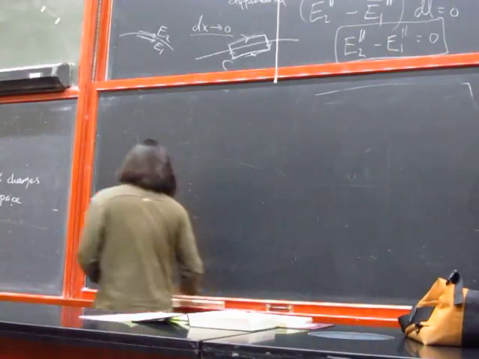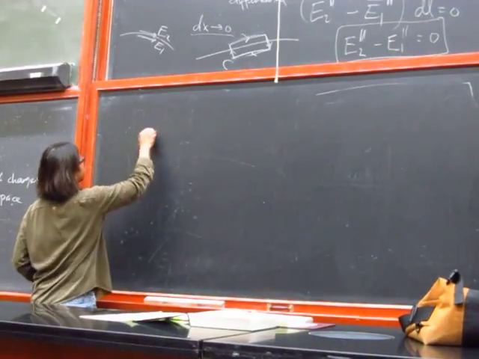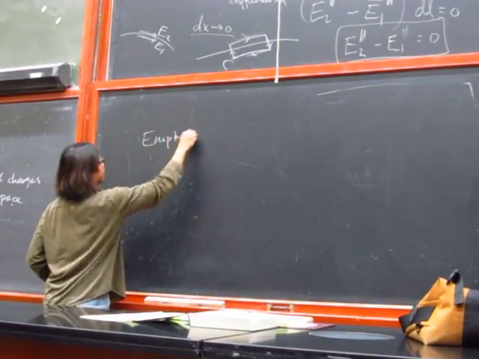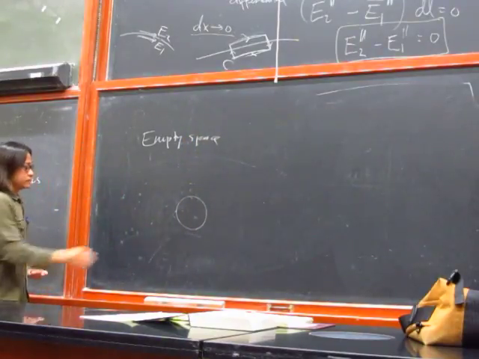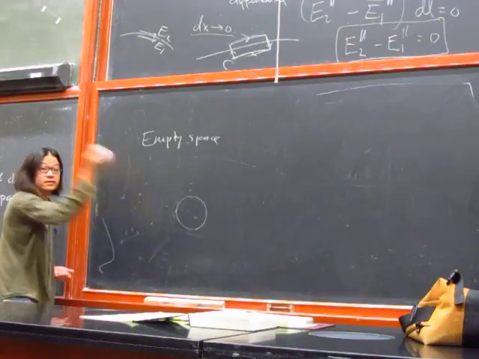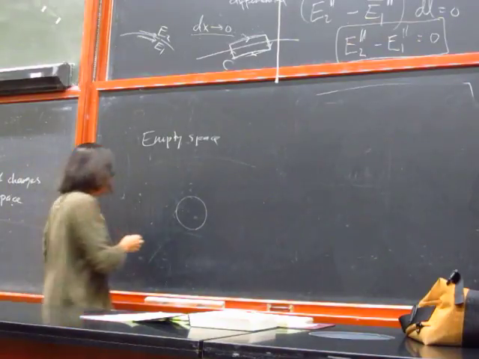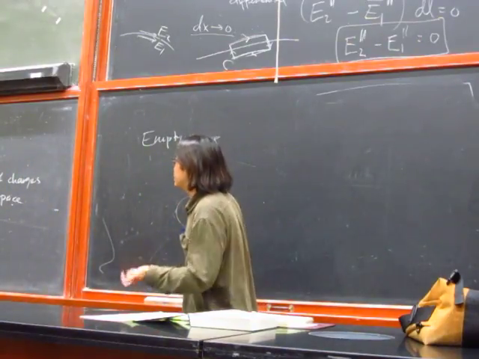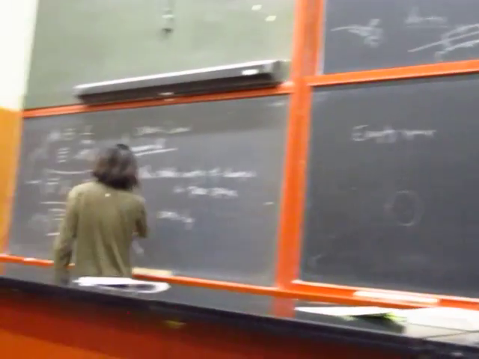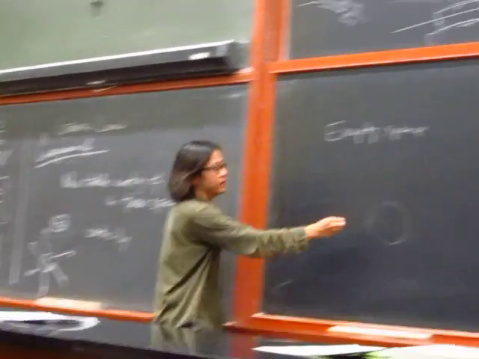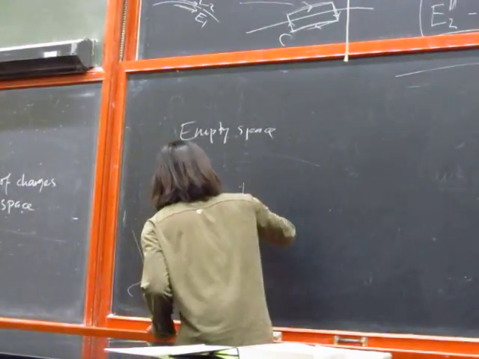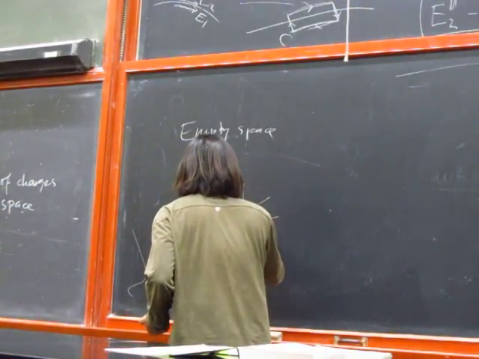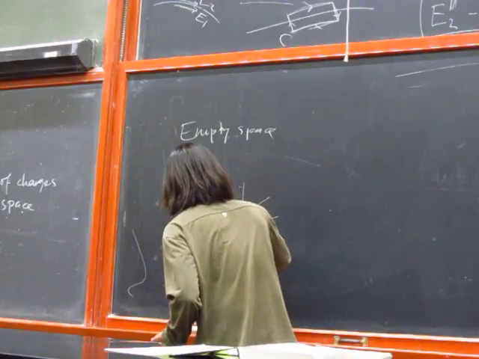So if I look at the region in empty space, it's empty here. You might have charges elsewhere. Then, if I want to stably trap a charged particle plus Q inside, then you must have your electric field inward everywhere.